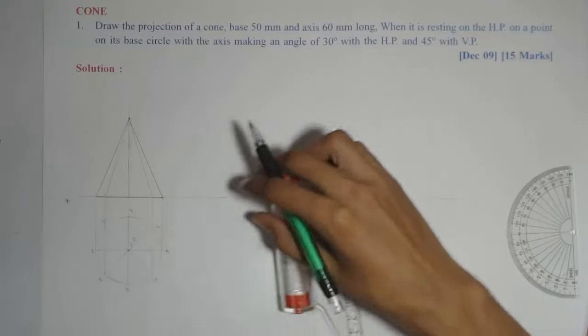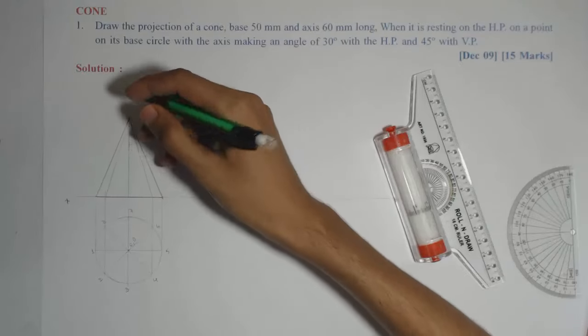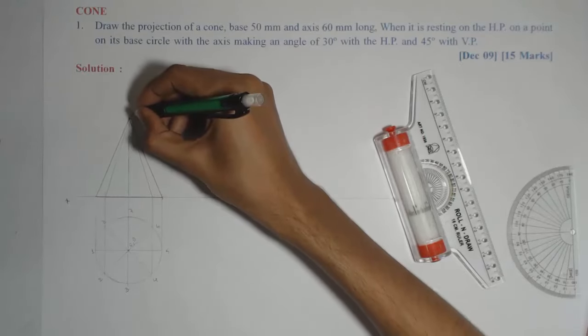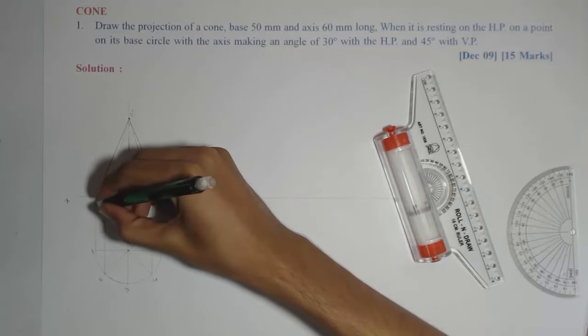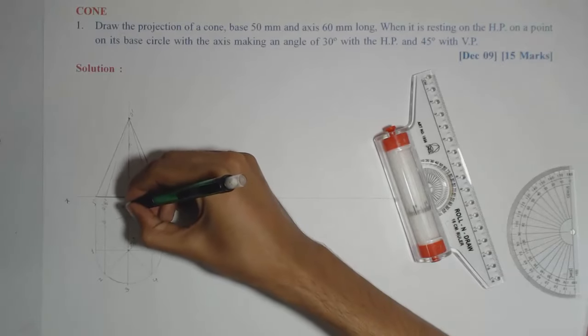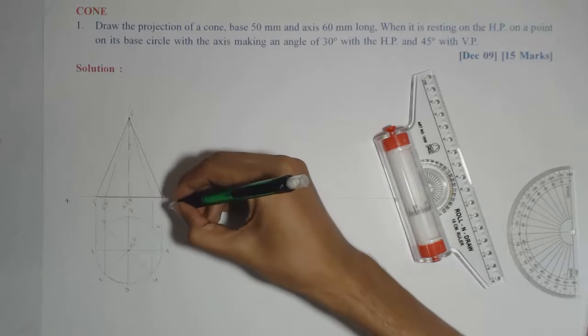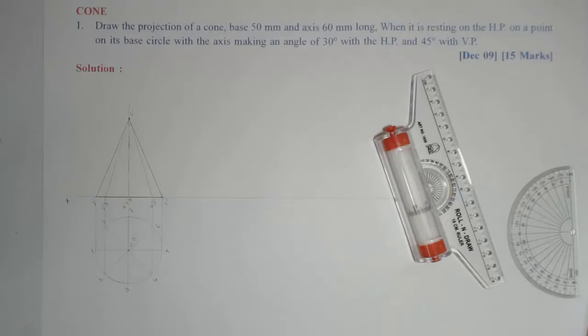And the generators from 3 and 7 are coinciding with the axis, which is already shown with long dash short dash. Now we'll give the corresponding notation: O dash as the apex, O dash as the center of the base, then 1 dash here, 2 dash, 8 dash, and here 3 dash, 7 dash, and O dash, here 4 dash, 6 dash, and at the end 5 dash.